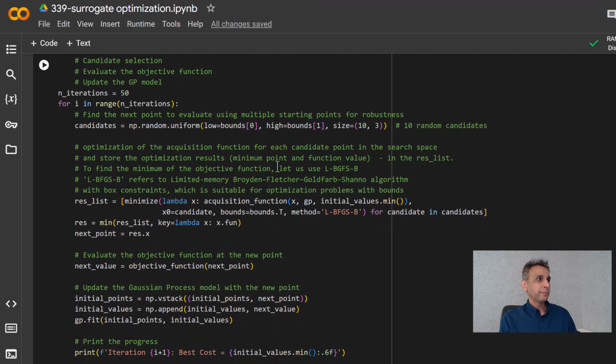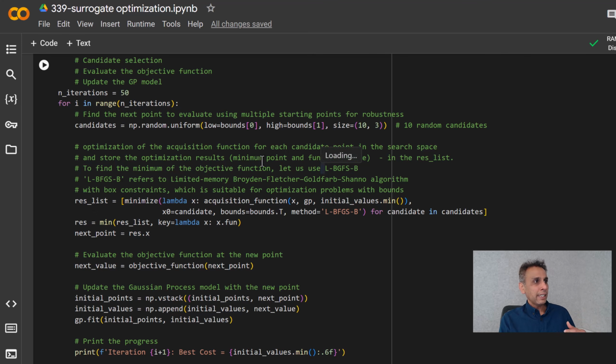Then optimization happens. What's happening here is optimization of the acquisition function for each of these 10 points that we just generated, and it stores the optimization into this list.